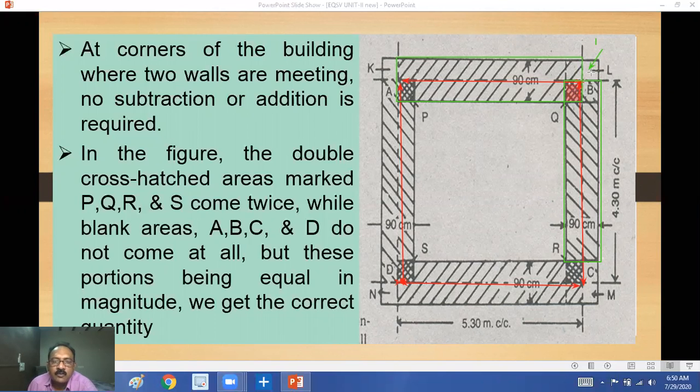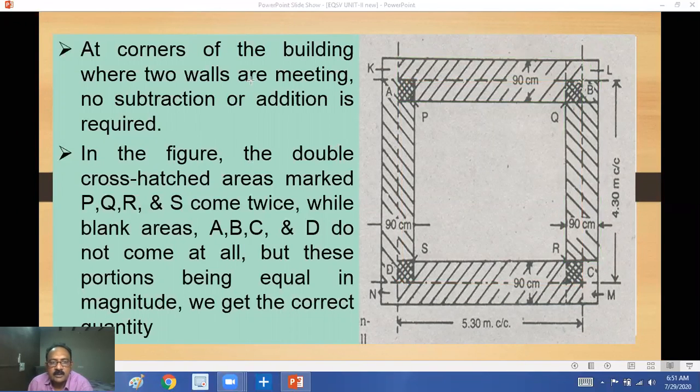That's why we do not go for addition or deduction of that area. If you understand this figure, doing problems in the center line method is very simple.